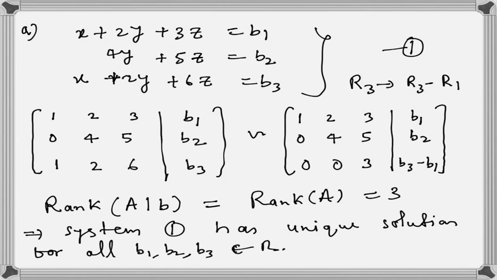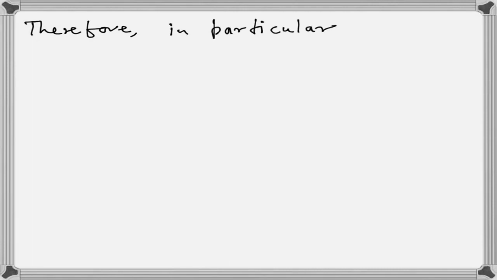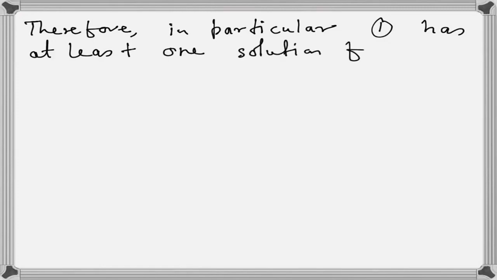Okay, therefore, in particular, system 1 has at least one solution for all b1 b2 b3 belonging to S.